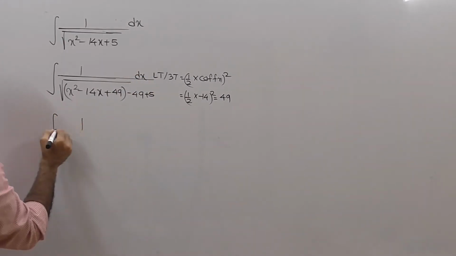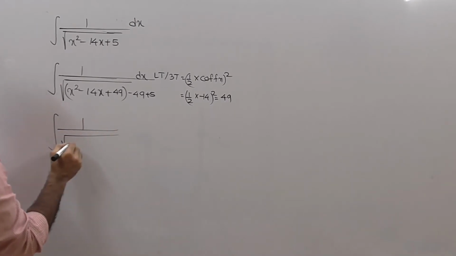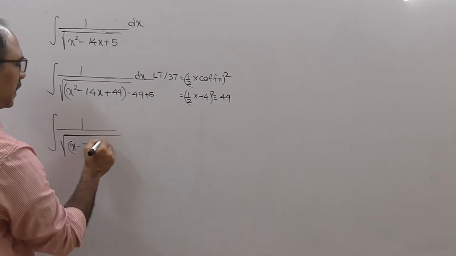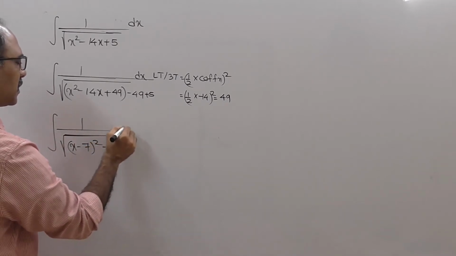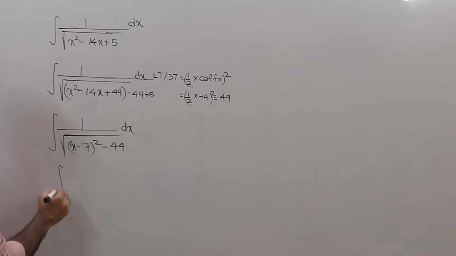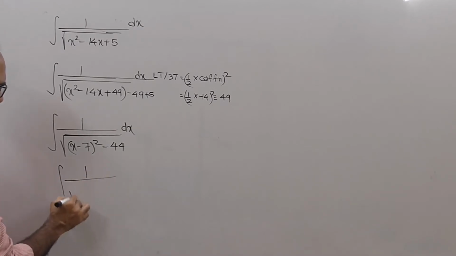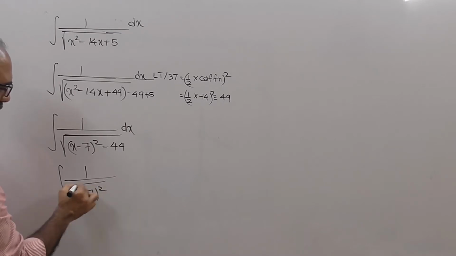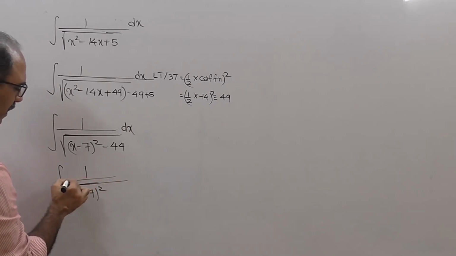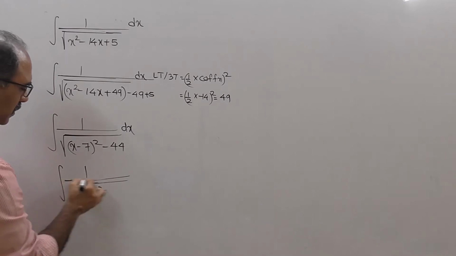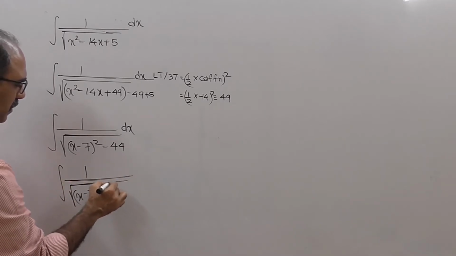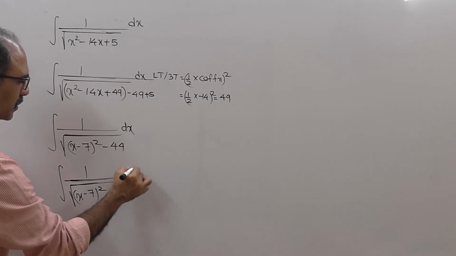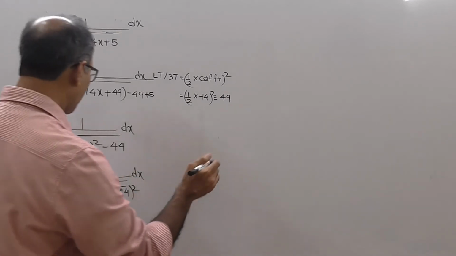So this becomes integration 1 upon root of, I think this is (x minus 7) the whole square and I think this is minus 44 dx. Integration 1 upon root of (x minus 7) the whole square minus 44, I'll write it as root of 44 the whole square dx.